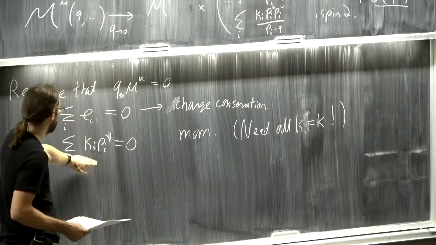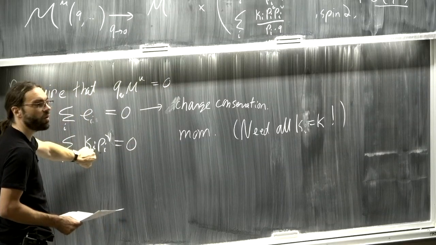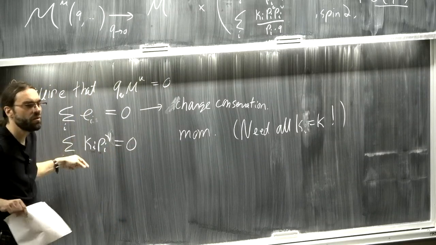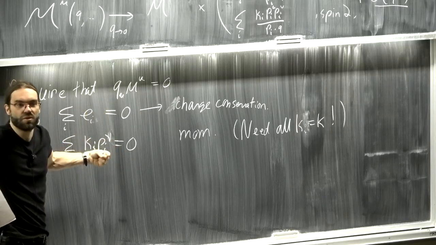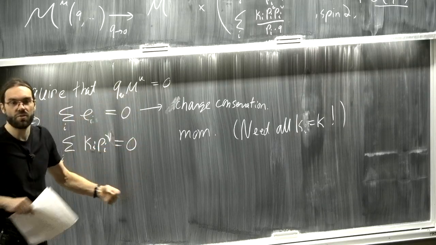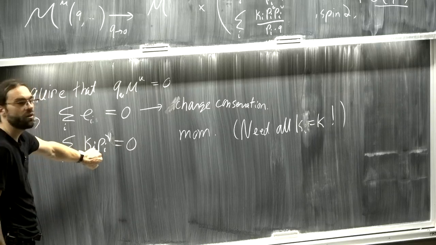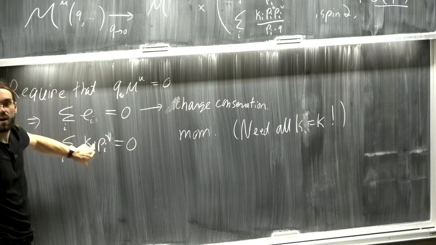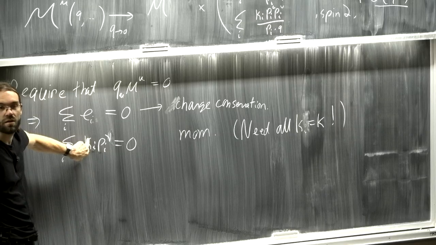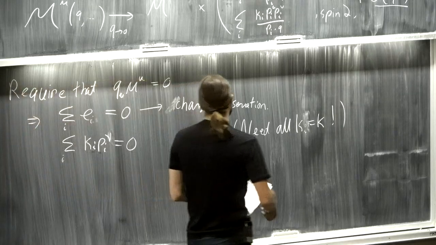If the kappas are not all equal, this becomes a constraint on the momentum of the things you can scatter, which doesn't make any sense because the momenta of the things you scatter are free parameters. So in order for this to be true for any p, you need this to be proportional to the momentum conservation, which means all these kappas have to be the same. Okay? So that is the universality.